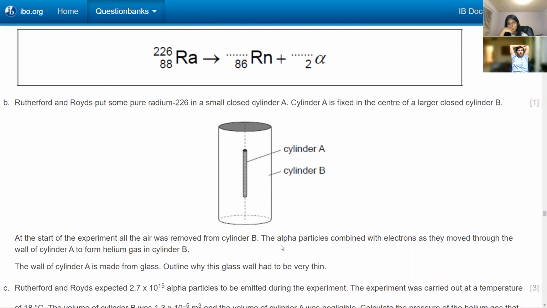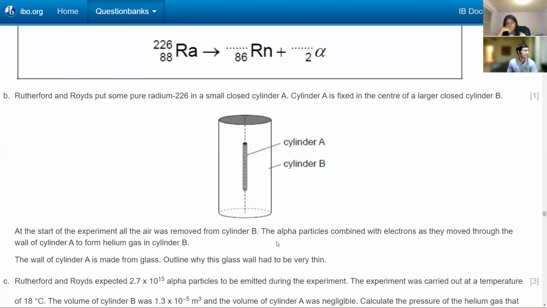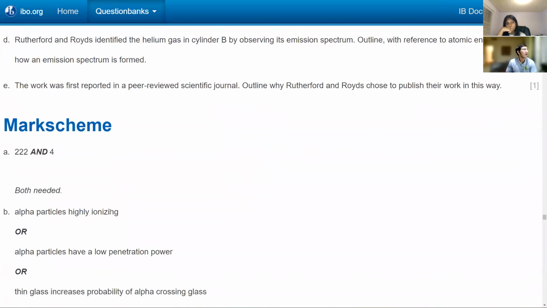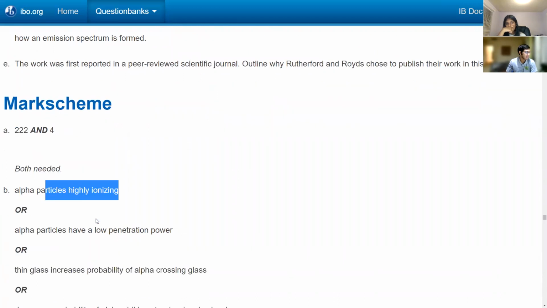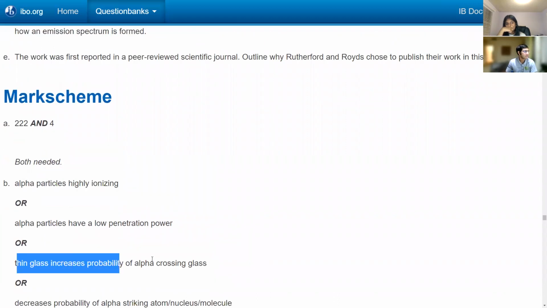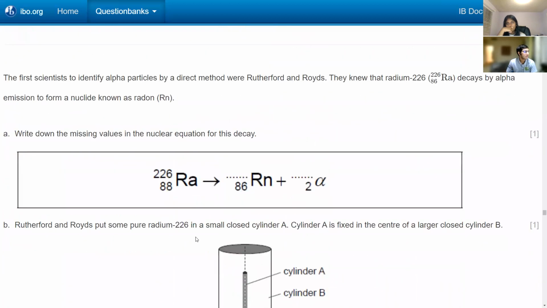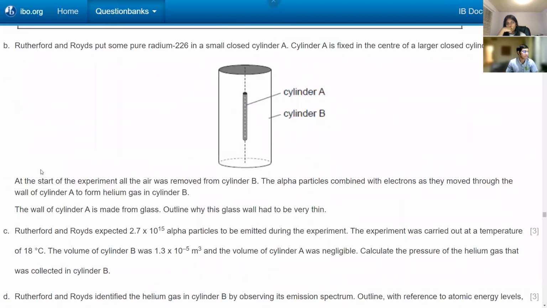Alpha particles interact a lot with matter and they heavily ionize. So if that wall wasn't thin, they would just collide and stop right there. So you can say highly ionizing, or low penetration power, or thin glass increases the probability of alpha particles crossing the glass. That was just one mark.